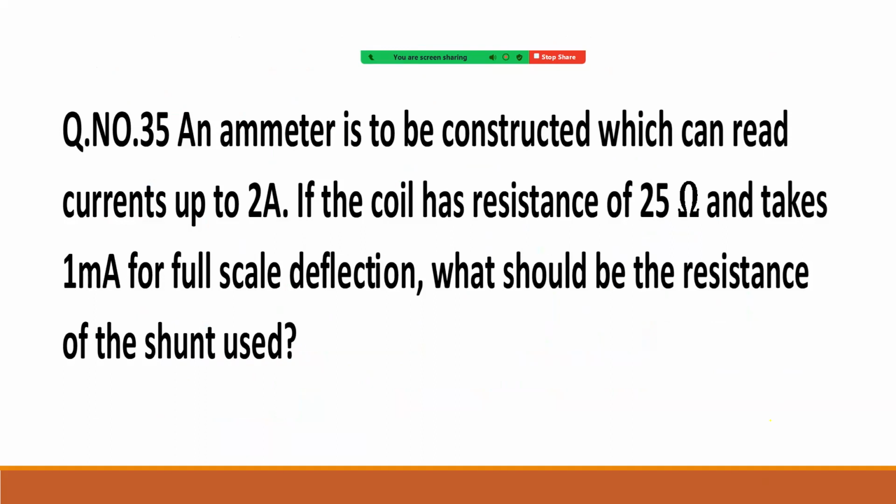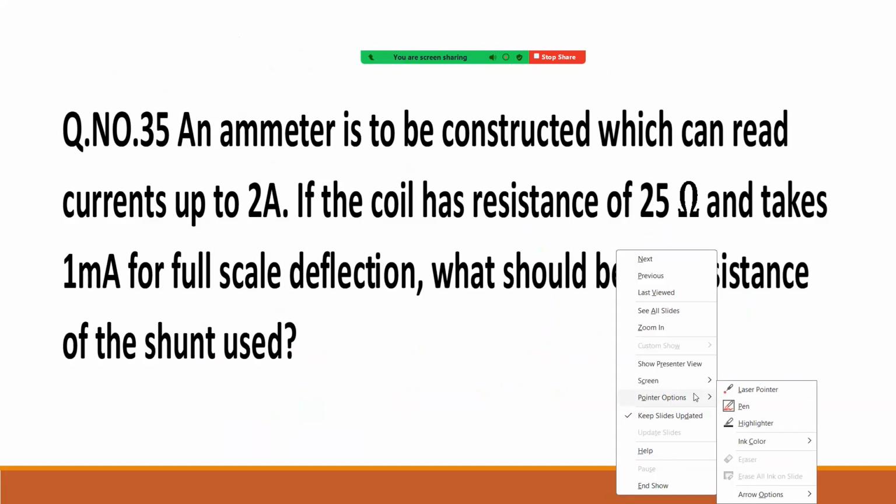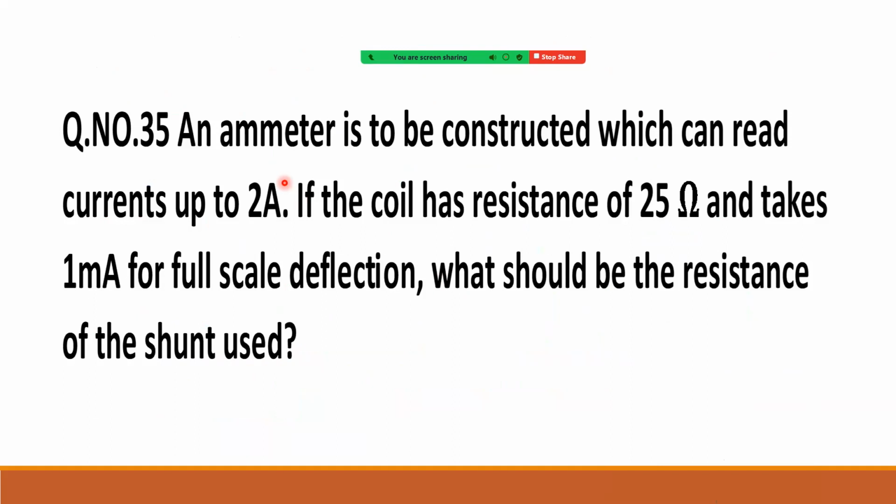Let's see the first one. An ammeter is to be constructed which can read currents up to 2 ampere. The coil has a resistance of 25 ohm, this is capital G, and takes 1 milliampere per full scale deflection, this is I suffix G. What should be the resistance of the shunt used?